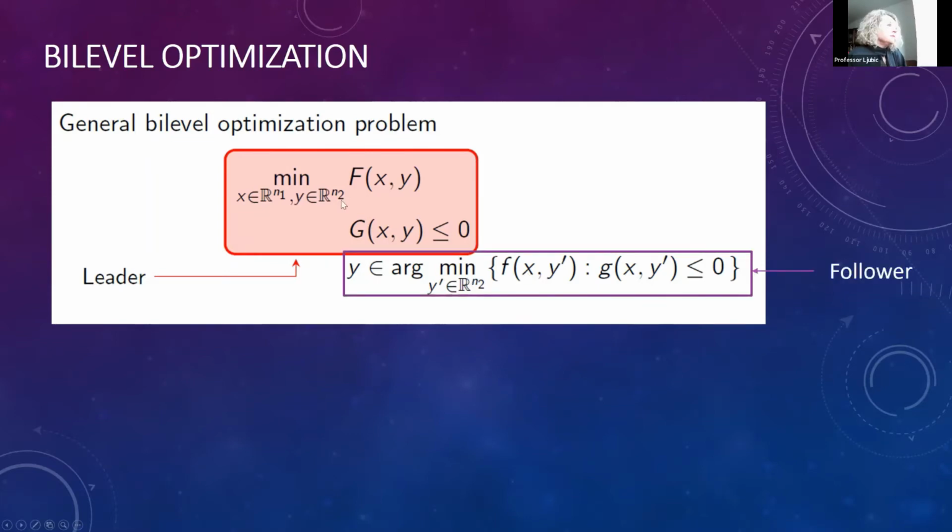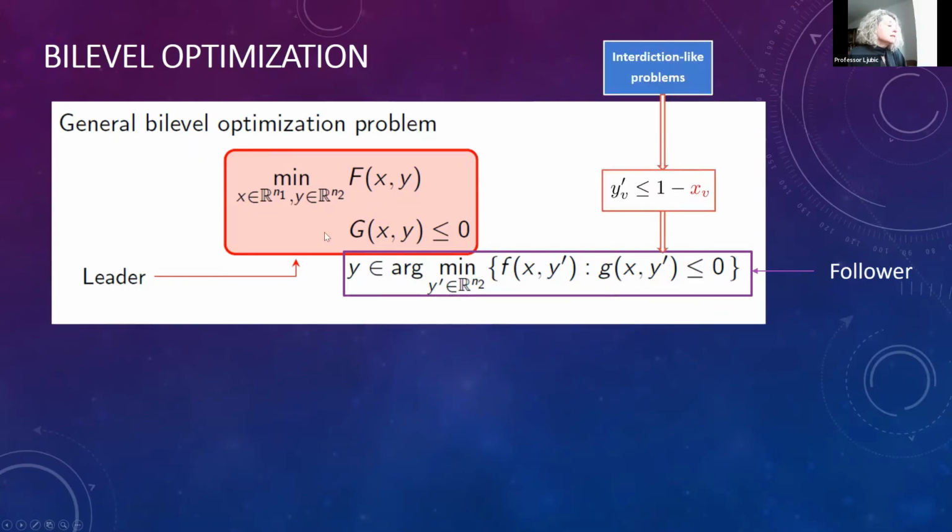For any fixed decision X, in the lower level we are solving this optimization problem, and Y is an optimal solution of it that then becomes part of the leader's optimization problem.